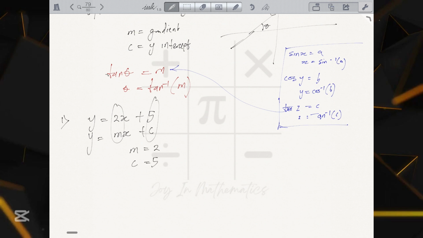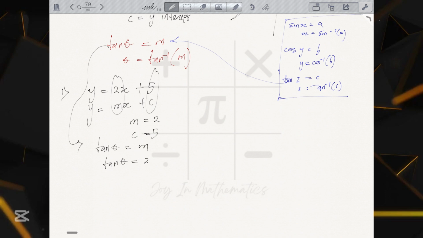So let's apply tan theta equals m. Therefore, tan theta equals 2. So we can easily evaluate the angle the line makes with the x-axis. Theta will be arc tan of 2. You can use your calculator and say arc tan of 2, and this would give us 63.43 degrees.